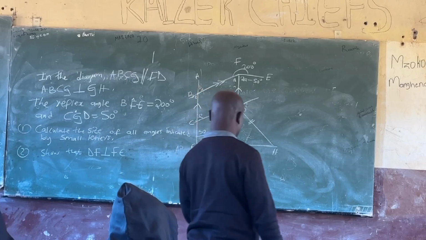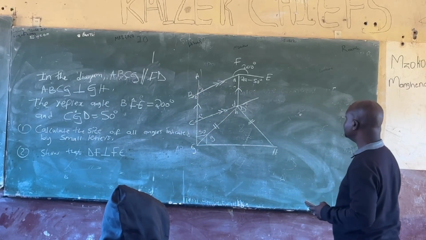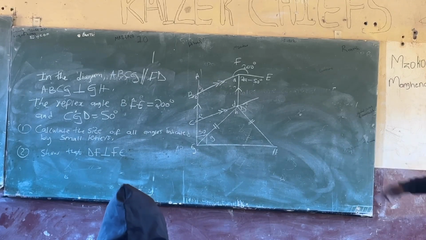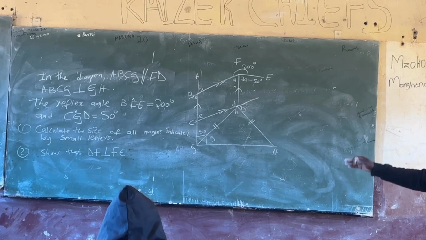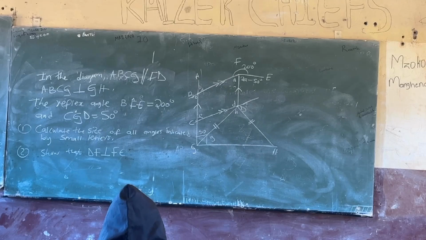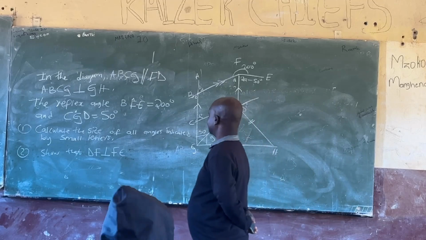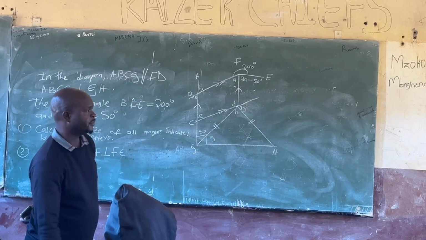If you look at this diagram, we have to find the size of all angles indicated by small letters. We have two lines that are parallel. Some of the lines are parallel here.